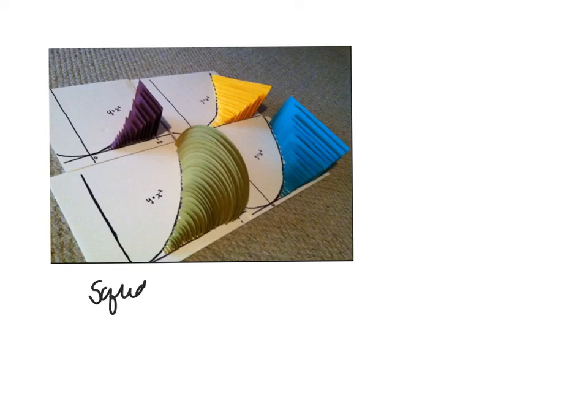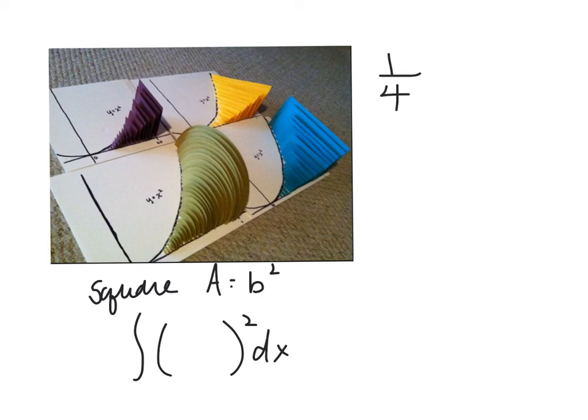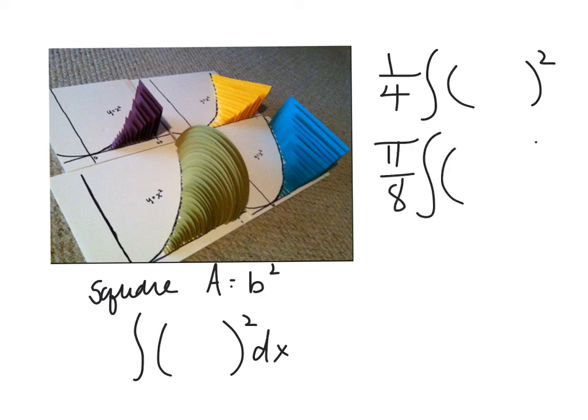The area is b squared. So this looks like b squared dx. If I wanted a right isosceles triangle, it would be the same thing. I would just put a 1/4 out there. If I needed a semicircle, pi over 8, we spent time deriving those. And an equilateral triangle.